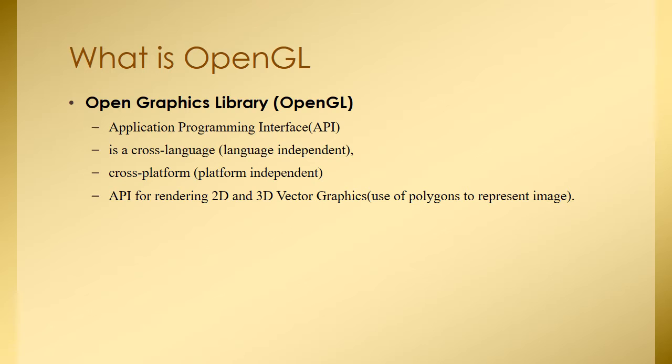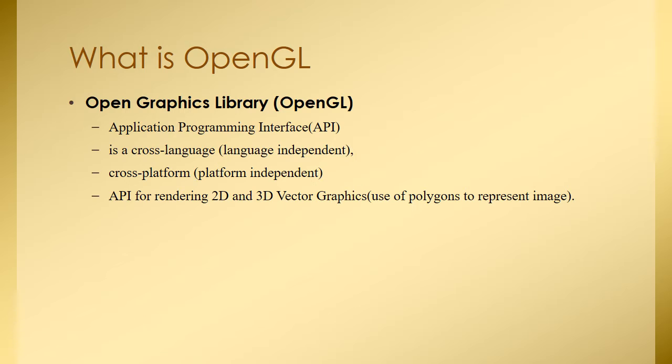So what is OpenGL? As you can see, it's an application programming interface. That means it helps in communicating a graphics program with the hardware. So it's a programming interface. It can be used cross language. That means it's language independent.